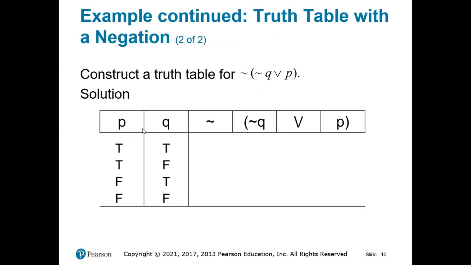So here it is. I have P and Q. First of all, you set up 2 columns, P and Q. Of course, you can start with Q, then P, but there's no reason to do that really. You put all your 4 cases, because if you have 2 statements, you have 4 cases: both true, the first one true and the other false, the first one false and the other true, or both false.